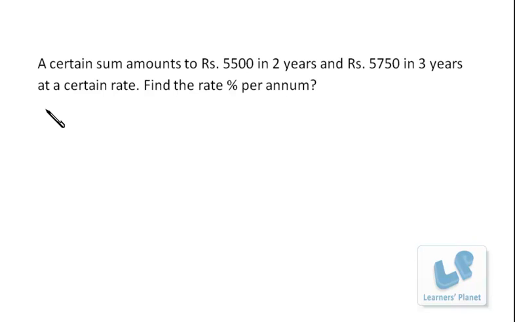Now, as I told you in the previous session, the simple interest portion remains the same for each year. Principal is the same for the entire tenure, and the simple interest is also fixed for every year. So this particular sum is getting 5,500 in 2 years and 5,750 in 3 years.